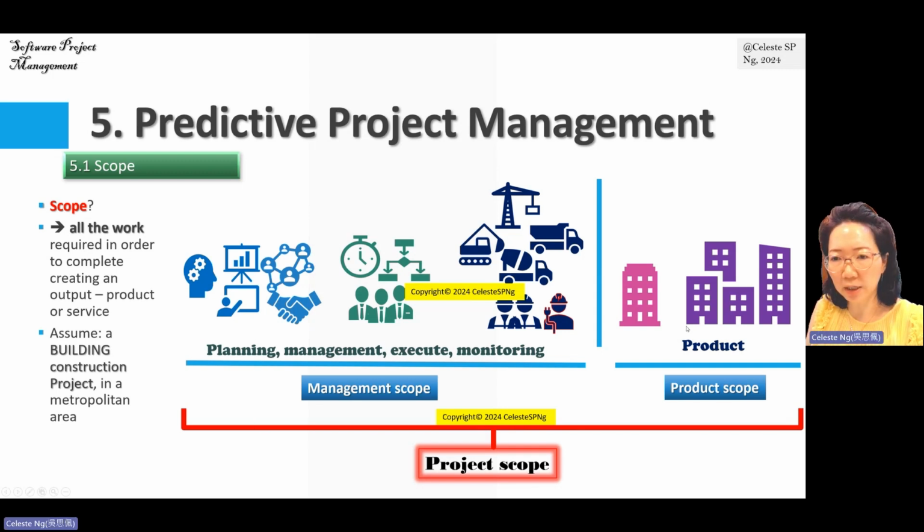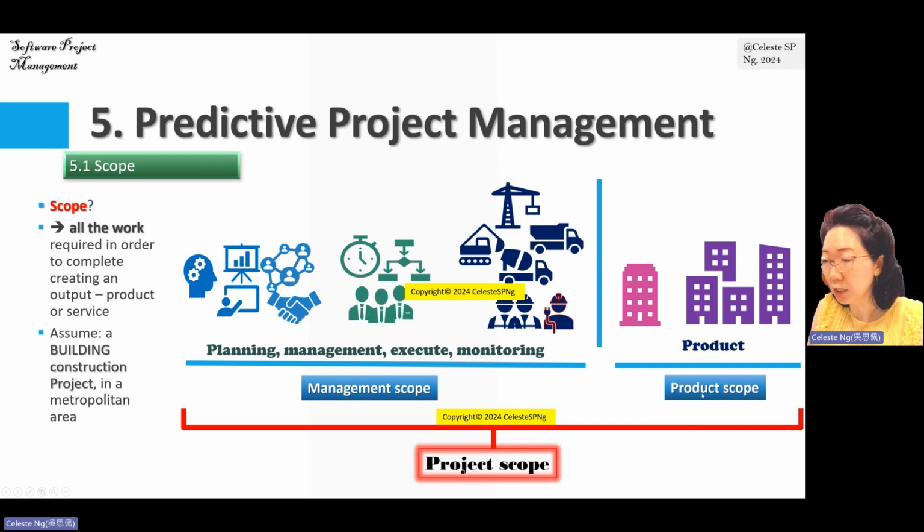Now, let us take an example. Assume we have a building construction project in a metropolitan area. We know that the building is actually our product. In a building, we can define our product scope.